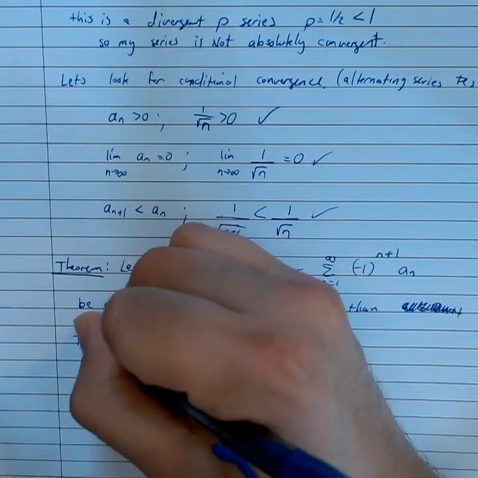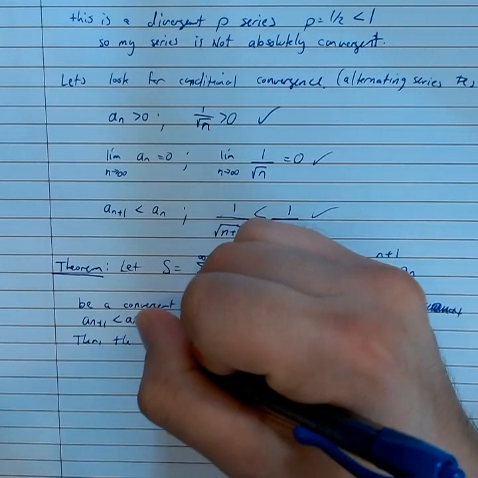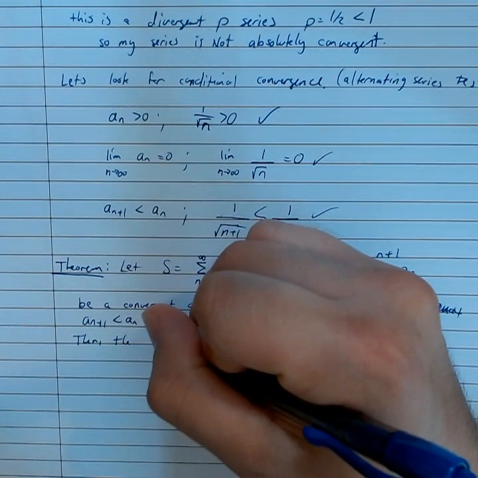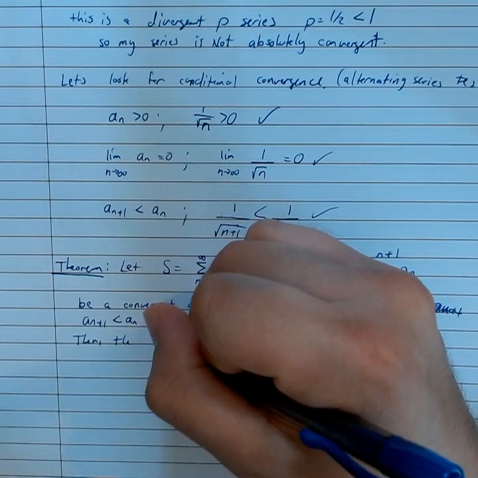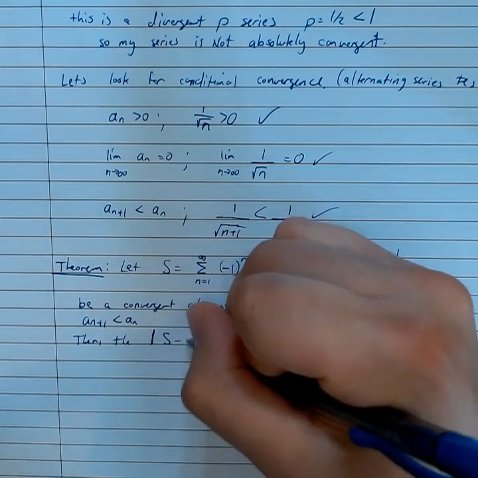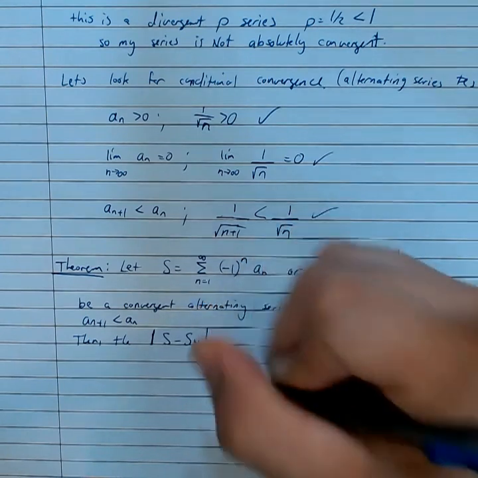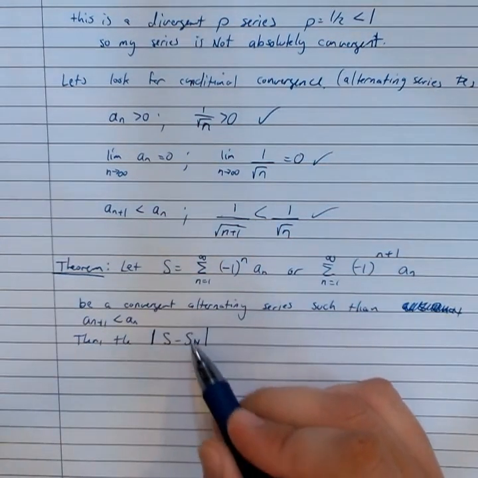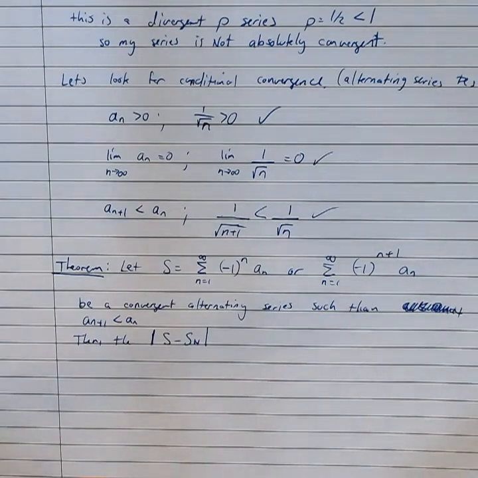Then the absolute value of s minus s sub n, where s sub n is the nth partial sum of s, and here let's go ahead and label that.